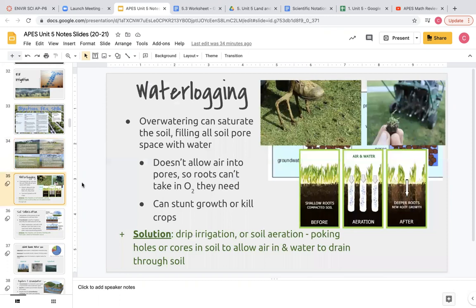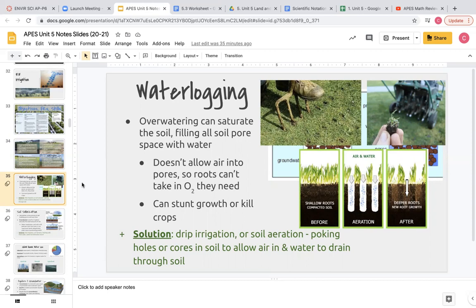So waterlogging. When we talked about the flood irrigation can cause waterlogging, that is basically when it saturates the soil and fills all of those soil pore spaces with water. And this doesn't allow air to get down into the soil, so roots can't get any oxygen. And this will eventually stunt the growth or kill crops.